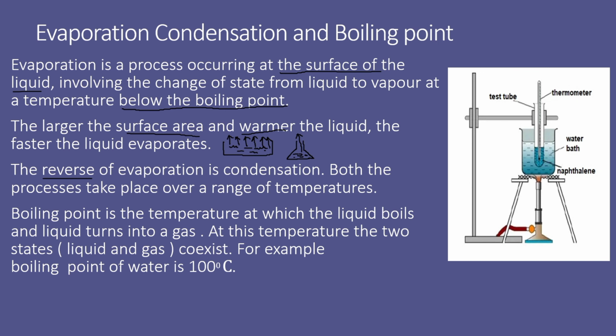For example, the boiling point of water is 100 degrees Celsius. So at 100 degrees Celsius, you can see bubbles appearing in water and water starts boiling. In the picture, you can see that the sample or any substance can be taken in a boiling tube or a test tube fixed with a thermometer. Again, from the thermometer, you can read the boiling point of that substance.